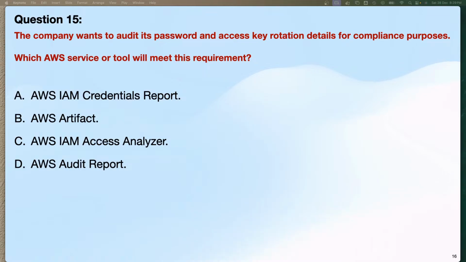If you want to troubleshoot your permission policies, IAM Access Analyzer is there. So it's not for getting the passwords and access key rotation report. And AWS audit reports is not a valid option at all. There is nothing like that. So for 15, the answer is AWS IAM credentials report, A.